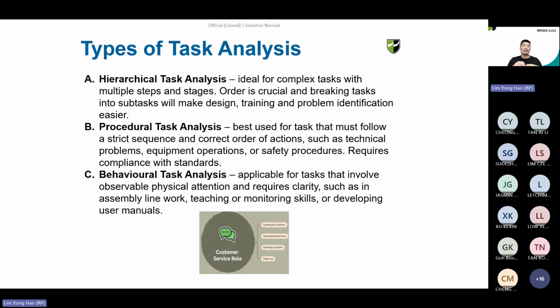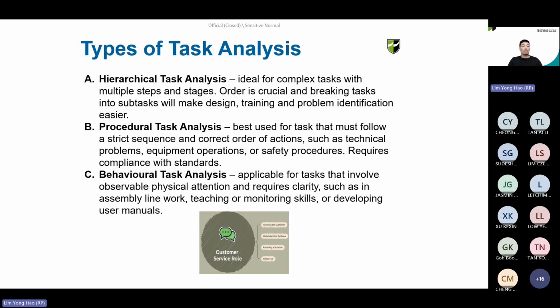Or there's some safety consideration, or some legislation or professional standards put in place that demand the work be done in a certain way. So for procedural task analysis, very likely some manuals or standard operating procedures will be in place that you can refer to if you're going to do this.